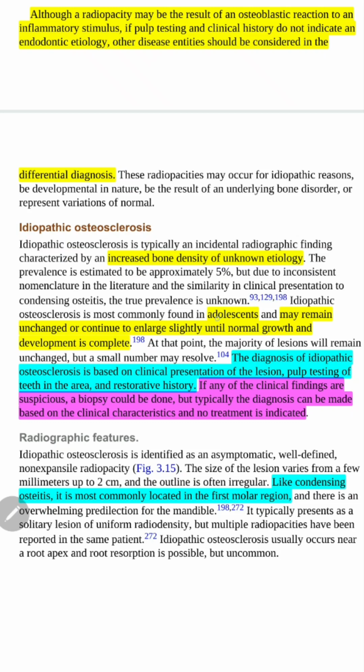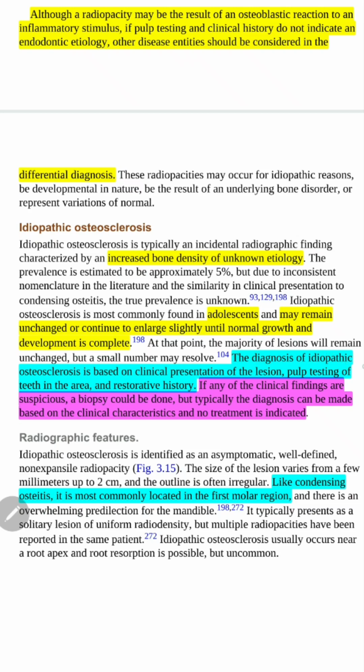It happens mostly in adolescents when they are in the growing phase, and it may remain unchanged or continue to enlarge after they reach full development.